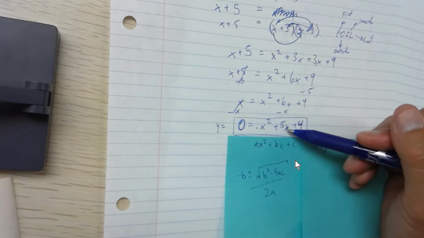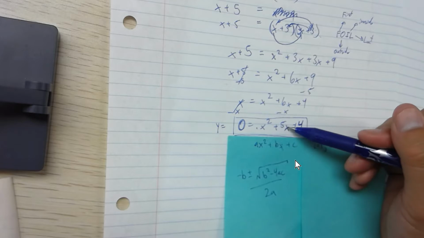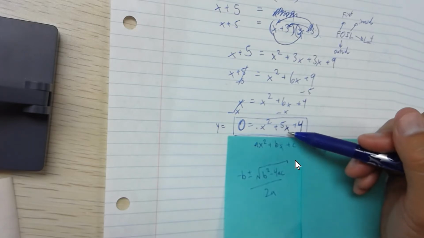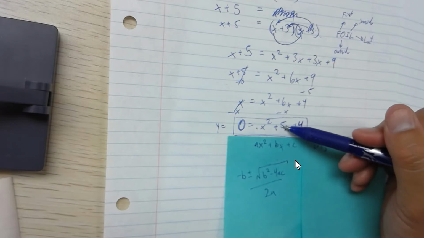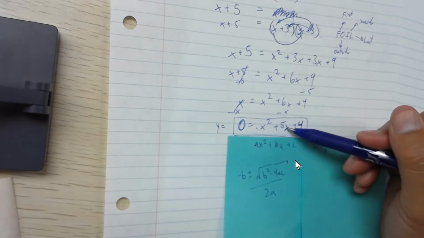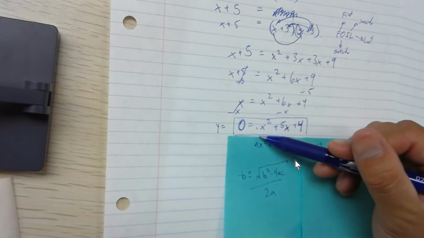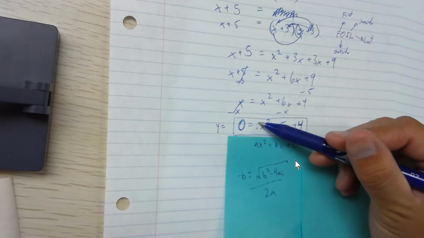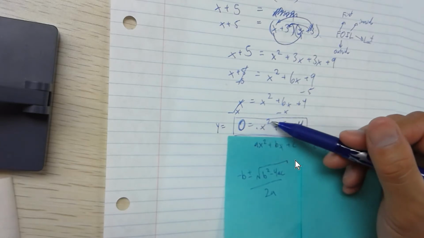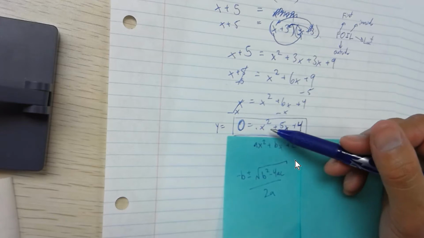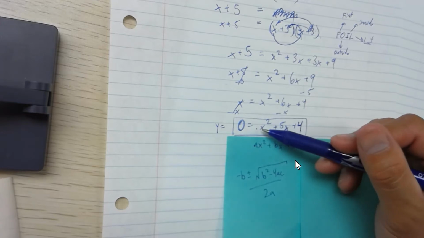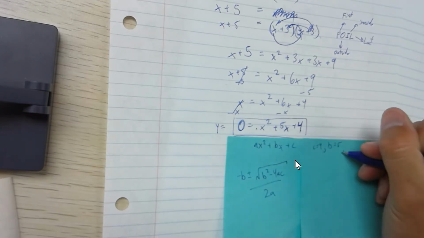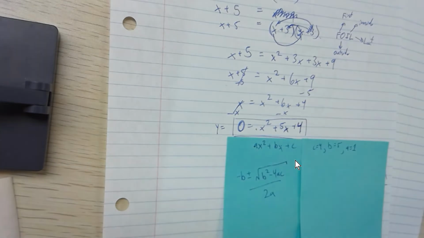It's just that x itself, the letter, isn't really a number. So we just have 5x, which represents 5 times x. Over here, a, if it was 0, that would be 0 times x squared, which we know can't be true because 0 times anything would be 0. So a has to be 1. Does that make sense? Okay.